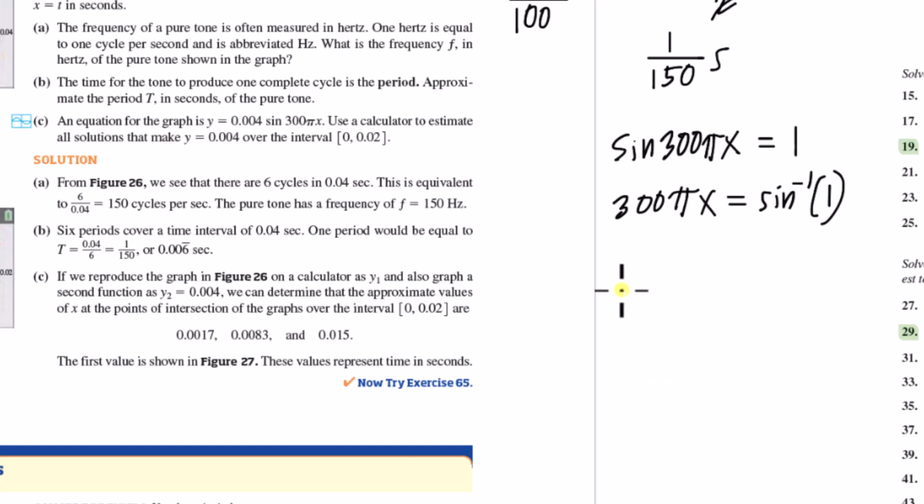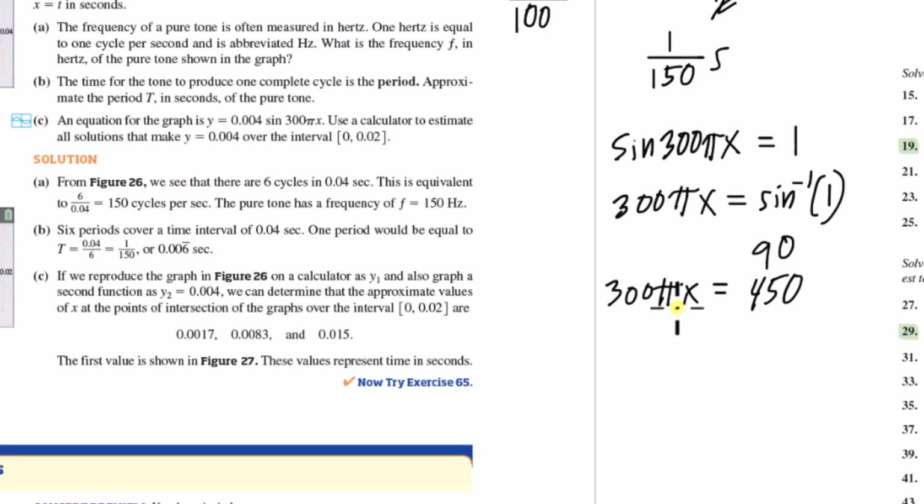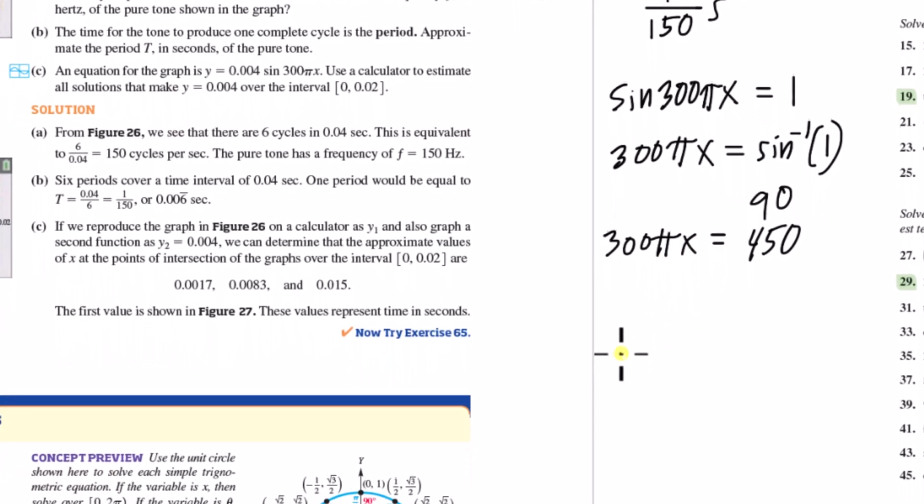So we've got 300 pi x is equal to, and this could be 90, this could be 450. It's interesting, because which one is it? In this case, it's more about what's going to result in an x that's within the domain. So if we chose 90, that's fine. But then what happens when we solve for x?